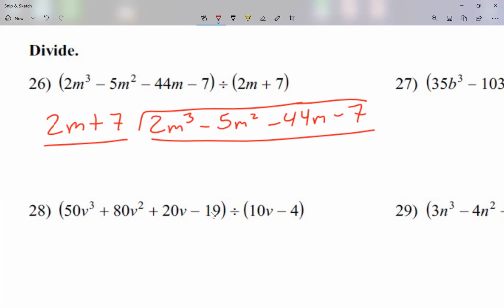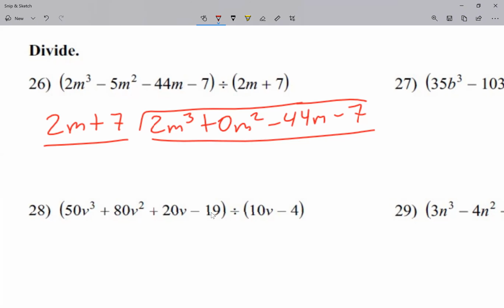Now, let's say I did not have an m to the second. Let's say I did skip an exponent. I said a few seconds ago, we cannot skip any. But right now, let's say we didn't have an m to the second. In that case, I will want you to write plus 0m to the second. Like I said, we cannot skip it.